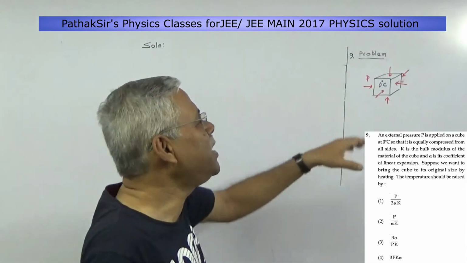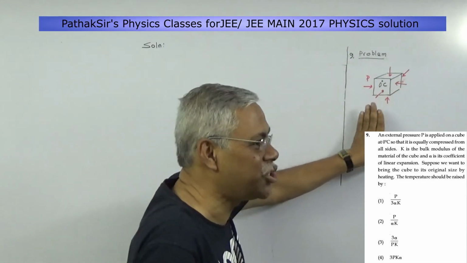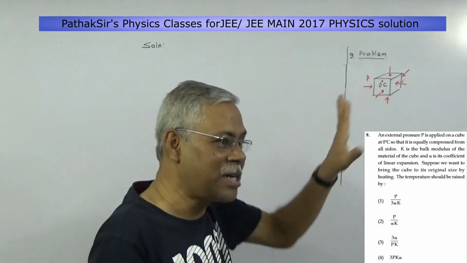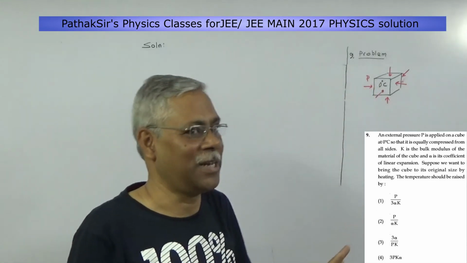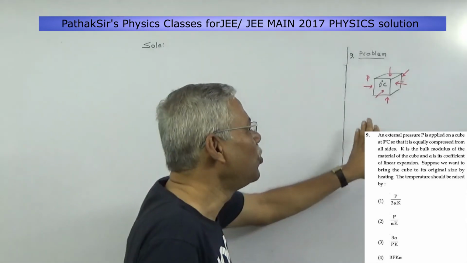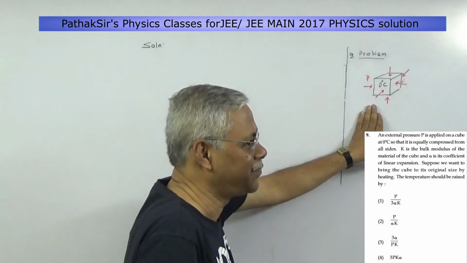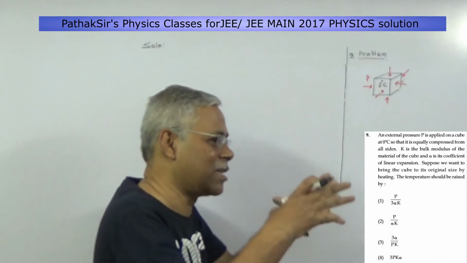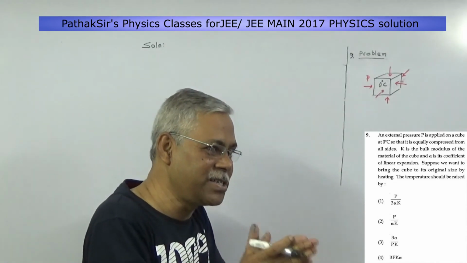So if there is no net change in volume, then mechanical compression must be equal to the thermal expansion, because there is no net change in volume. Mechanical compression followed by thermal expansion, the net change is 0.